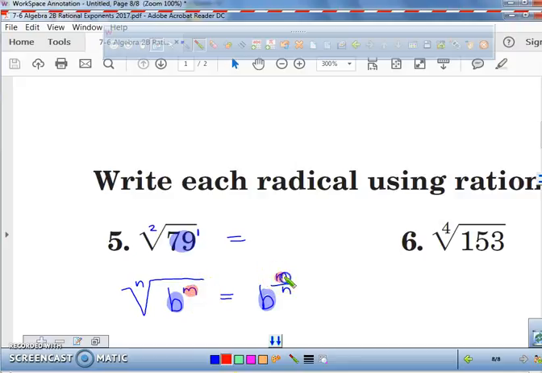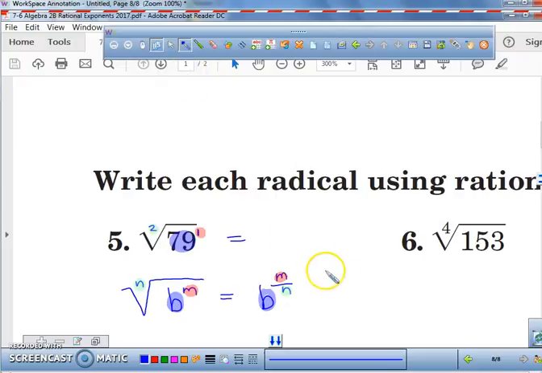M is going to be in red. N is going to be in green. All right, so now let's change it. How am I going to write this? 79, 1 over 2 is correct. There you go. You got it.